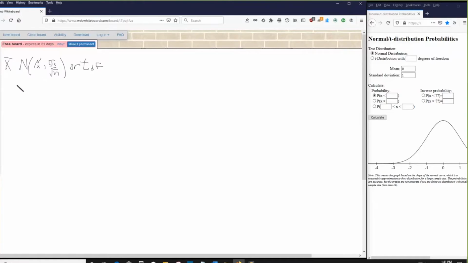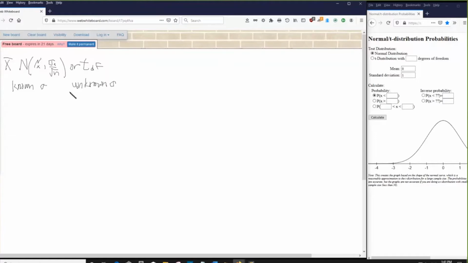We'll use the first one if we have a known population standard deviation, and we're going to use the t-scores if we have an unknown population standard deviation. And these are for single population means.